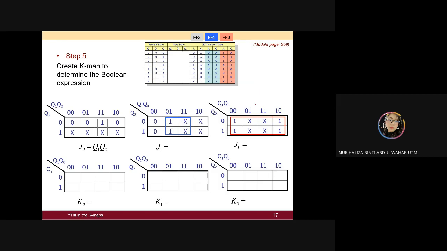Okay, now after this, because you can see you got everything, then it will be 1. What else for JK for this part? What is your input? You're going to refer to here. This one is Q0 and this is changing, then it will be Q0.